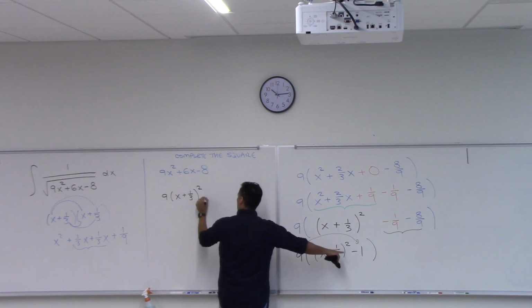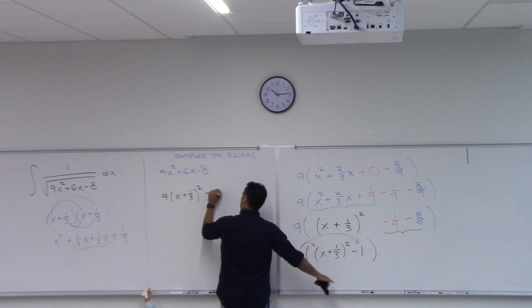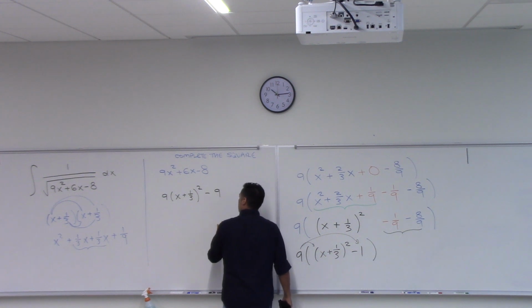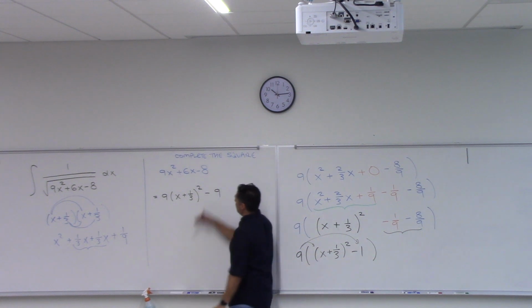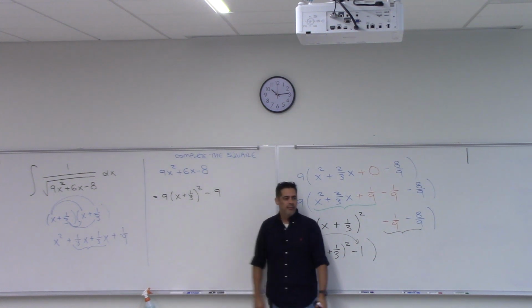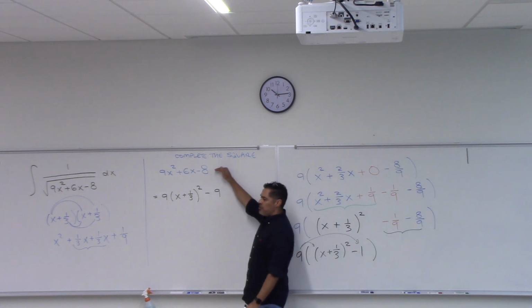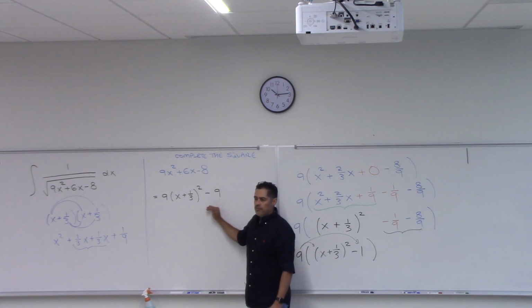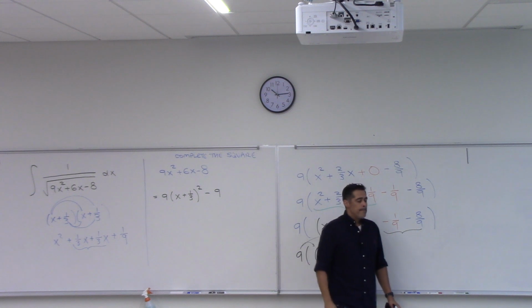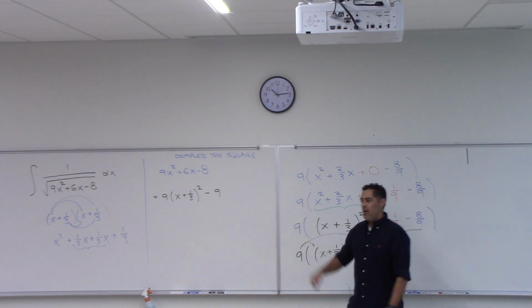And then minus what? 9. That's what that is. This is equal to this. We have completed the square. We have said that this quadratic expression can be rewritten like this. Yeah? Okay, let's get back to the problem.